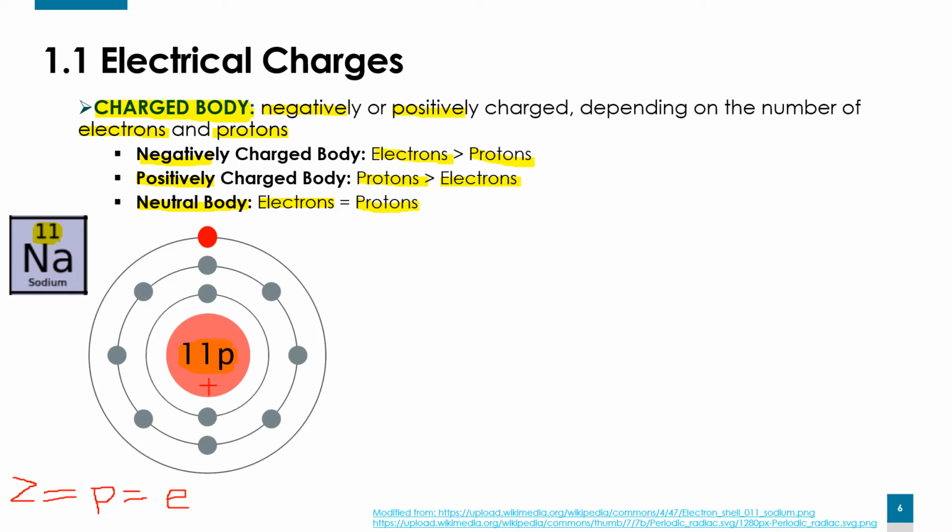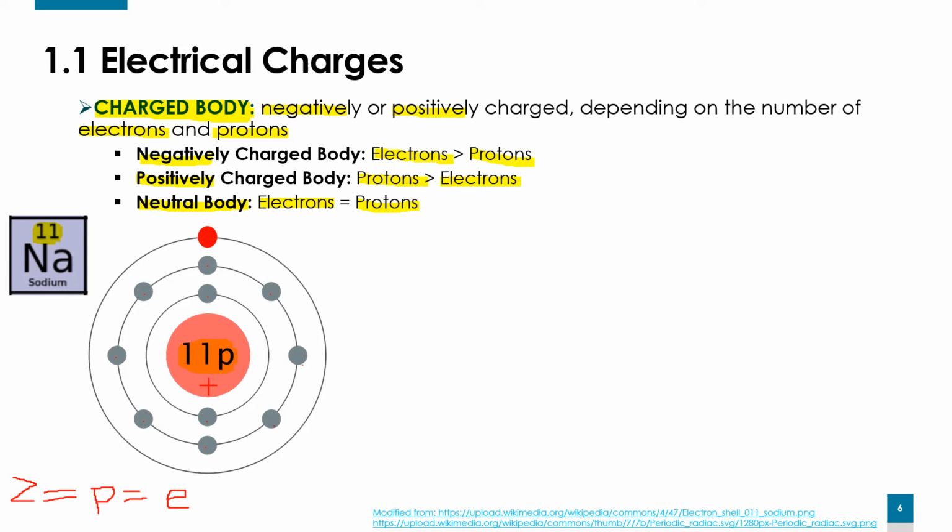Remember the rule? In the first shell, I can put just 2, so 1, 2. In the second shell, I can put 8, so 1, 2, 3, 4, 5, 6, 7, and 8. So 8 plus 2 is 10. I have one more here.